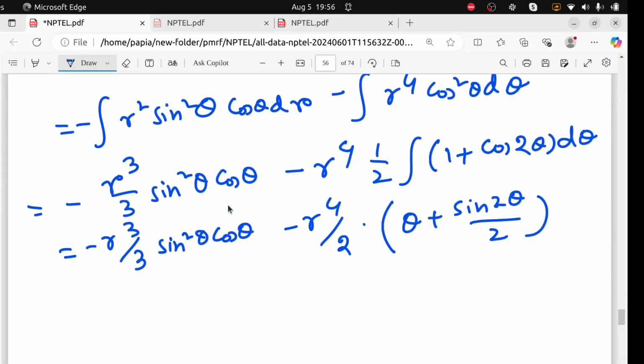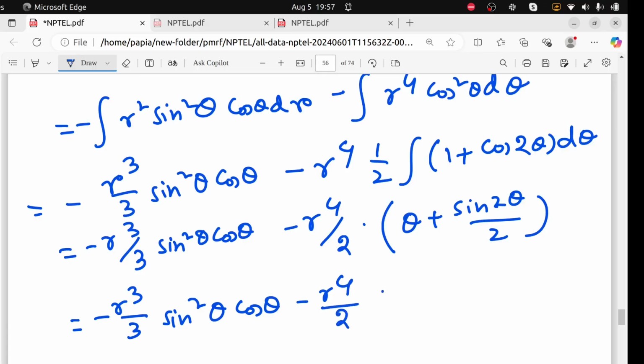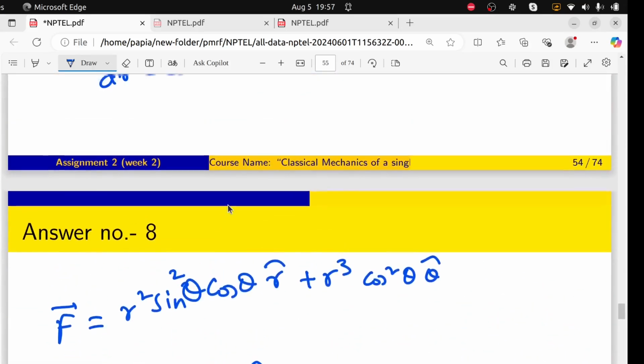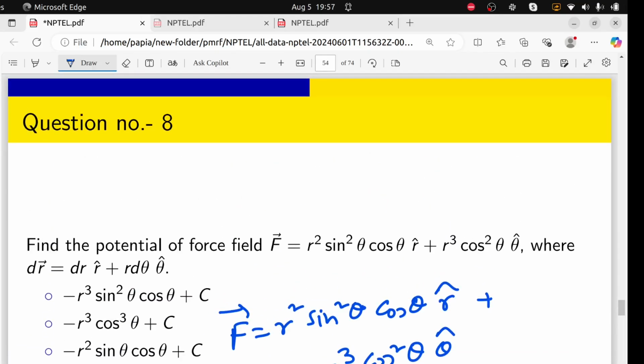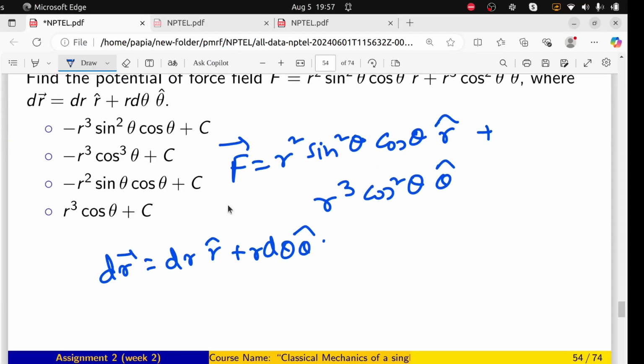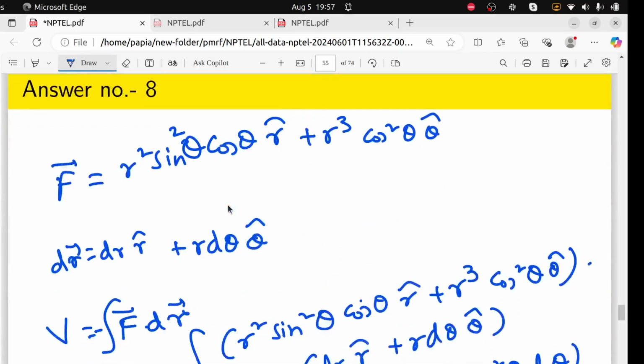So it will be like minus r cube by 3 sine square theta cos theta minus r to the power 4 by 2 into theta minus r to the power 4 by 4 sine 2 theta. So if I see the answer for the potential of the force, it is like r cube sine square theta cos theta plus constant, or r cube cos theta plus a constant or something.